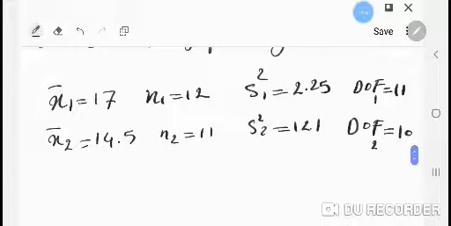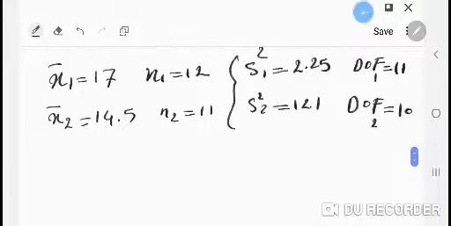To determine whether these two variances are significantly different, we calculate from the F-test.